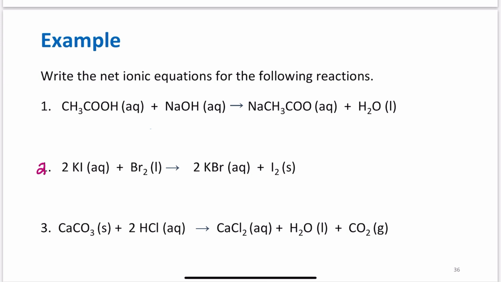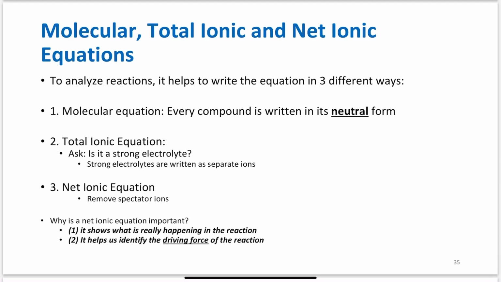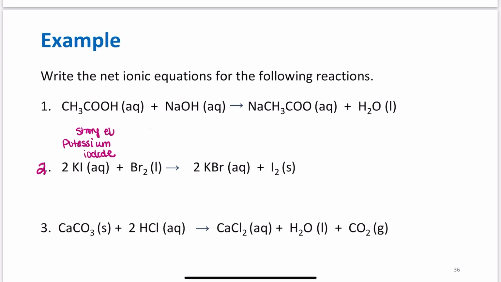Okay. Next up, we have KI, which is potassium iodide. Now, iodides are not always soluble, but potassium is an alkali metal, group 1, always soluble. So it is a strong electrolyte, as it is a soluble salt.